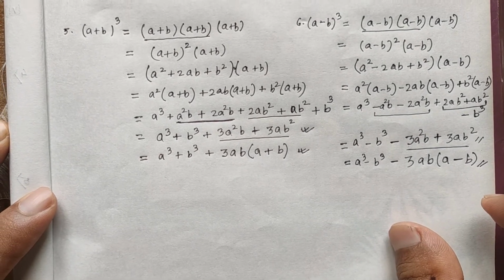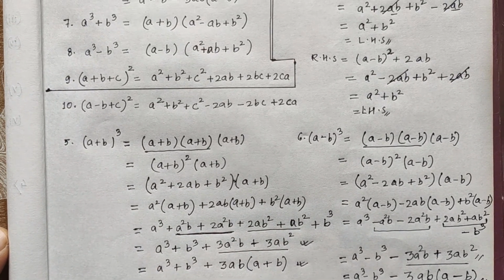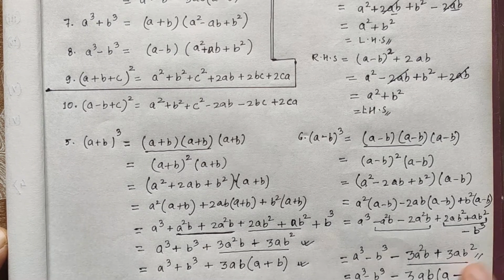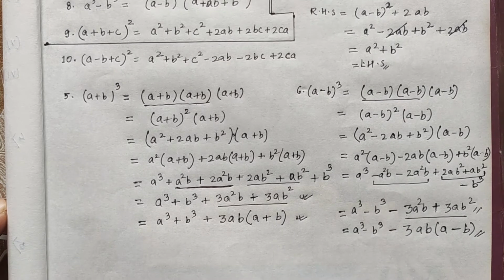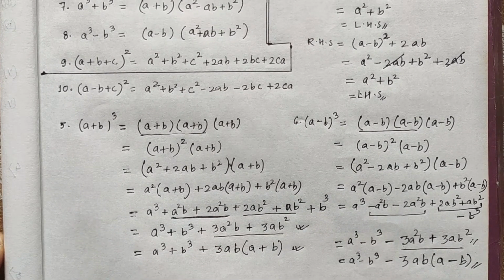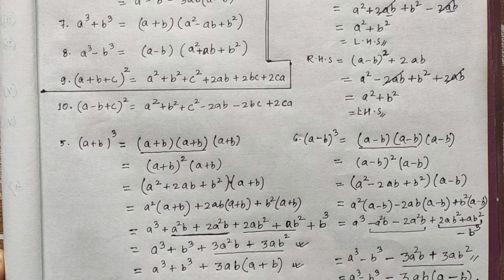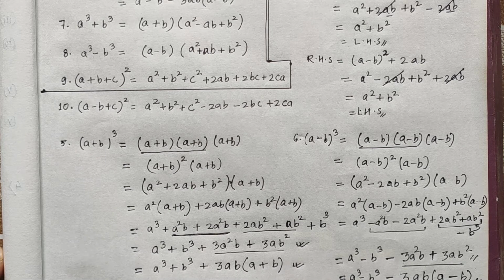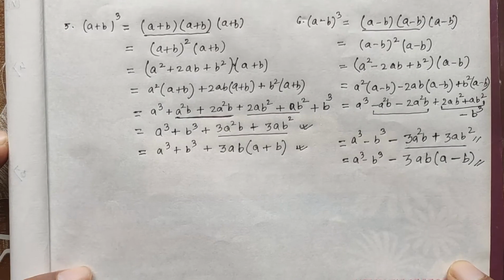Now we will find another one, number 7, a cube plus b cube. We will try to get the formula from the right hand side. If you solve, write RHS.